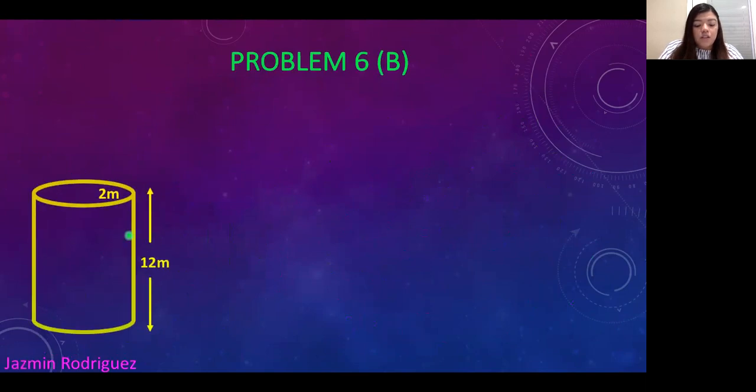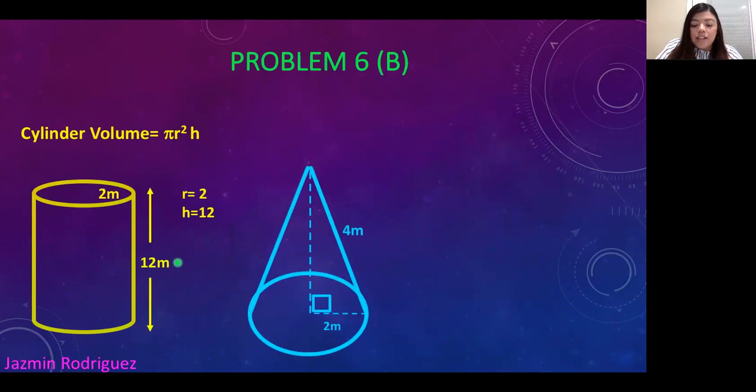All right, so first of all, let's start off with our cylinder. To determine the volume of a cylinder, we're going to use our formula pi r squared times h, which is height. And looking at this picture, we know that our radius is going to be 2, and our height is going to be 12.